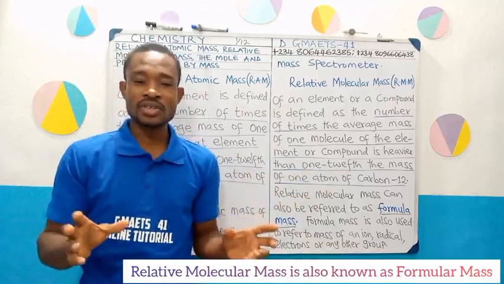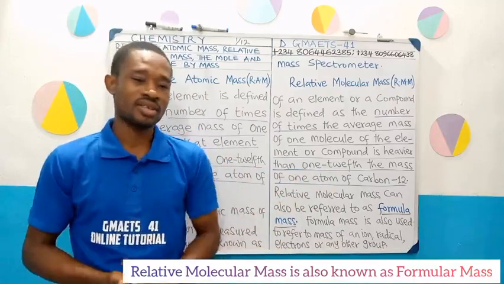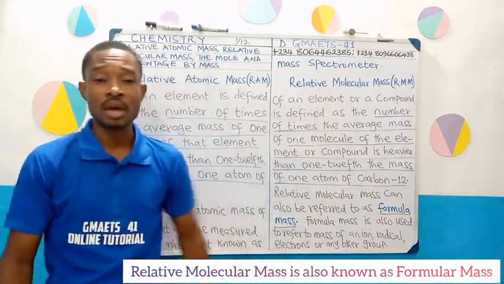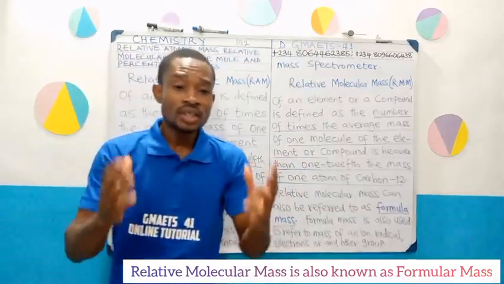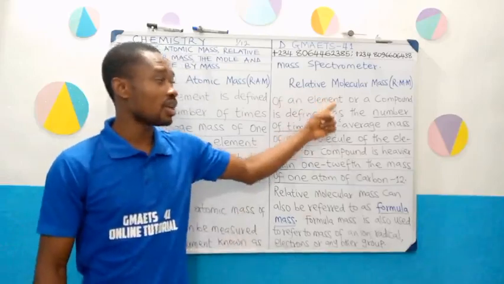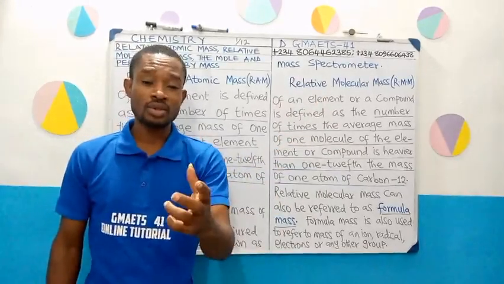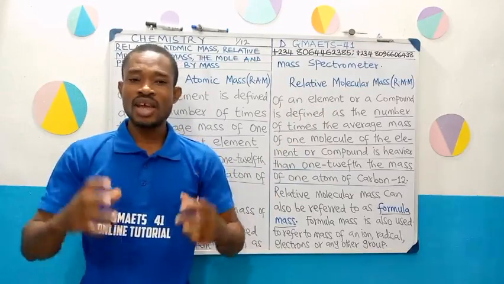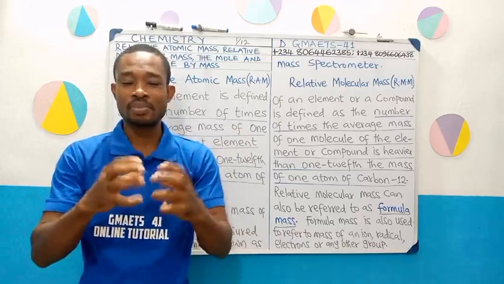But in case you hear something about formula mass, please, it's still a term used to refer to relative molecular mass. Next, I'll be teaching you how we can calculate the relative molecular mass of a compound using the relative atomic mass of the atoms, the elements that make up the compound.